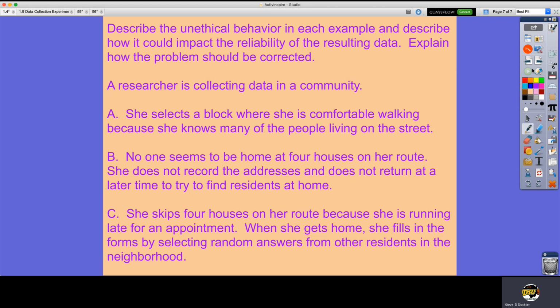Yeah, she's putting in answers for people, whether she talked to them or not. That's going to be an issue. There is bias thrown in there. And because of that, her study is not going to be an acceptable study. Any questions?